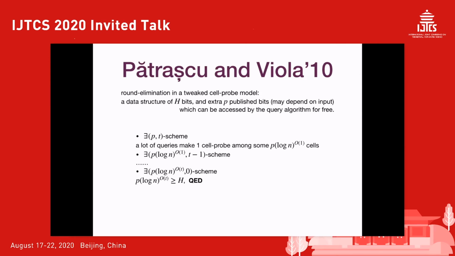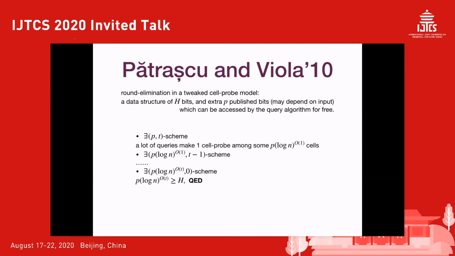They can also be accessed by the CPU for free. Of course, if there is a data structure which solves RMQ using p bits of redundancy and t time, then there is a data structure which solves RMQ using p published bits and t time in the published bits model. We can publish the p bits of redundancy.